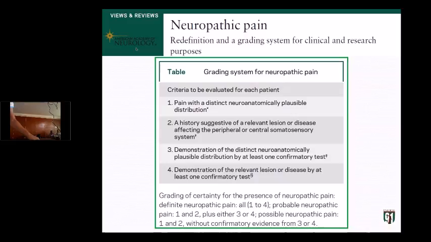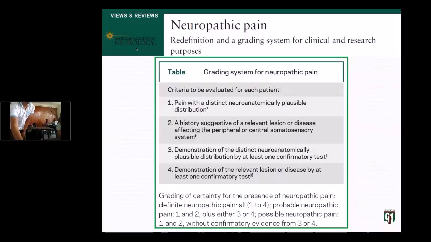Pain with a distinct neuroanatomically plausible distribution. That's one. Number two, a history suggestive of a relevant lesion or disease affecting the peripheral or central somatosensory system. So these first two are important, and if they are present, then we call it possible neuropathic pain.